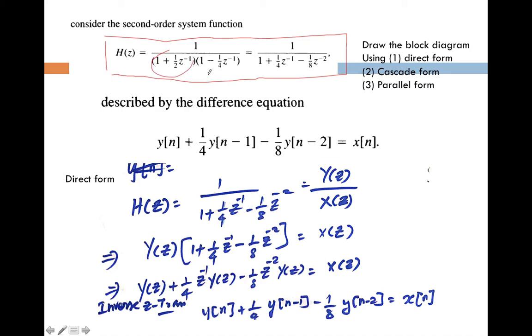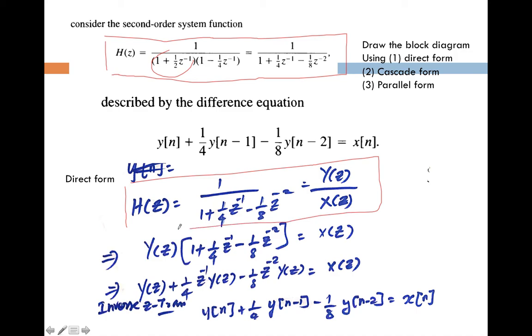When you are multiplying these two things, you will get 1 plus 1 by 4 z power -1 minus 1 by 8 z power -2.